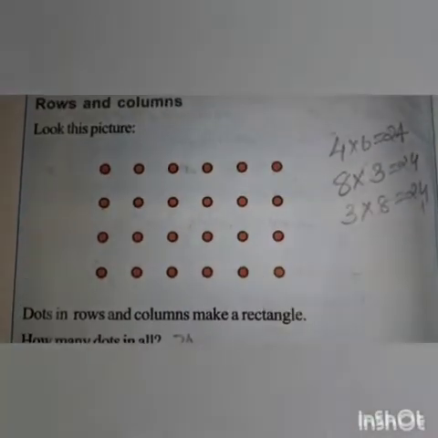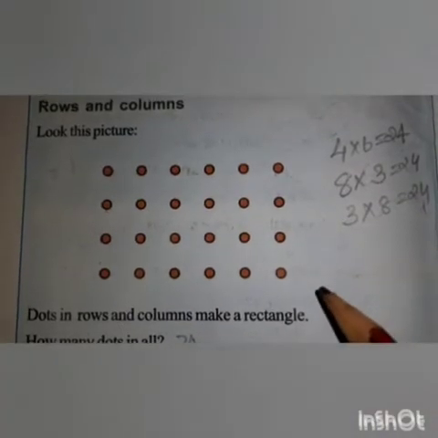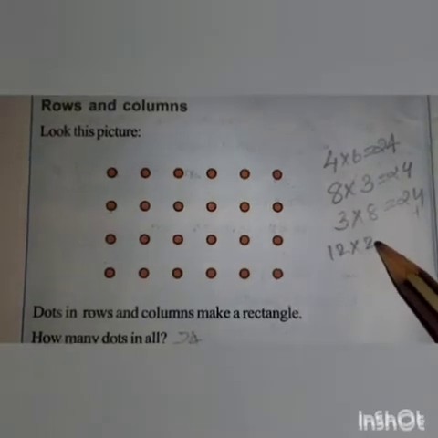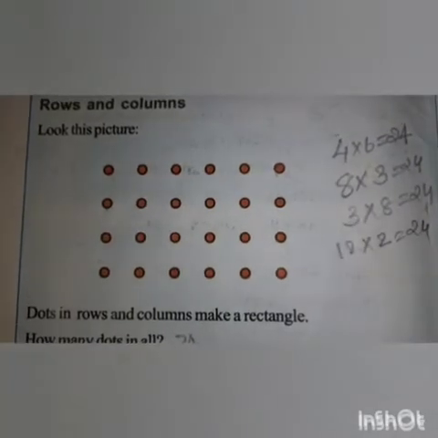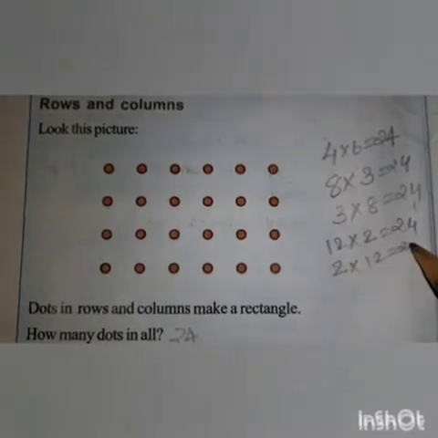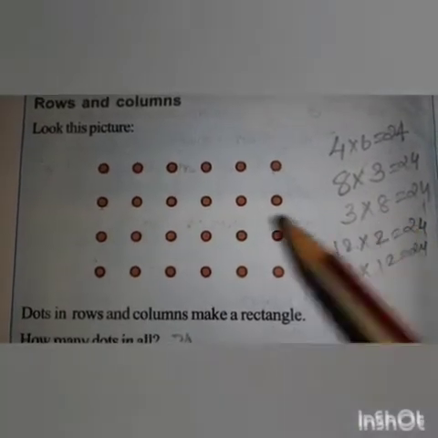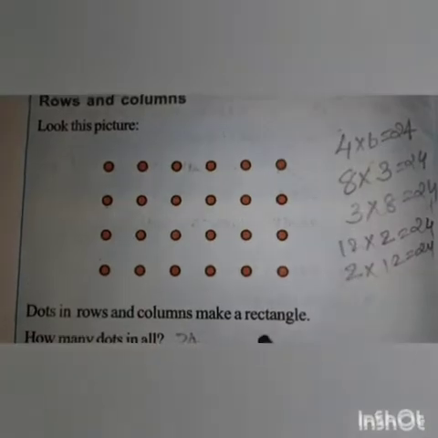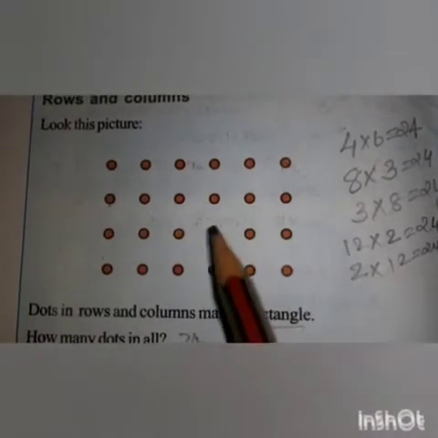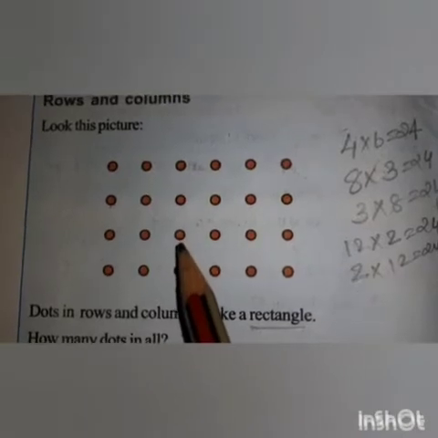That is also the shape of a rectangle. Then 12 rows and 2 columns, you will get the same number of dots. Or 2 rows and 12 columns, the same number of dots, and the shape will always be a rectangle.